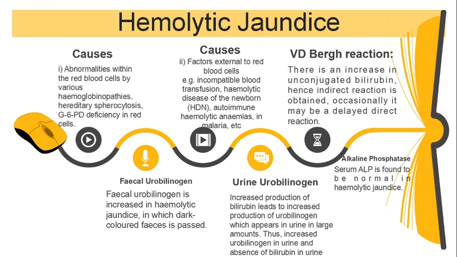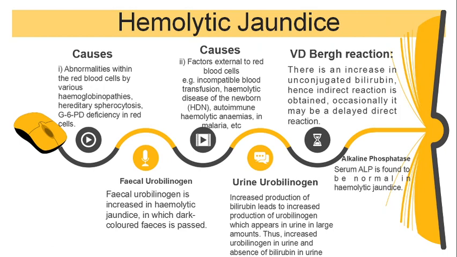It's beyond its capacity, so it leads to excess excretion of urobilinogen. Hence, hemolytic jaundice is characterized by hemolytic anemia, unconjugated hyperbilirubinemia, increased urobilinogen in urine, absence of bilirubin in urine, and dark colored urine and stool.